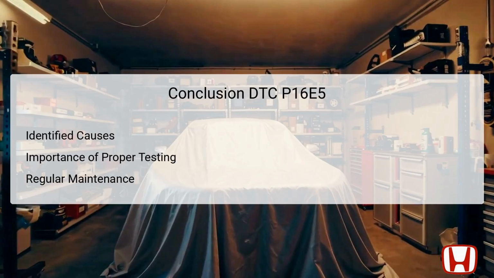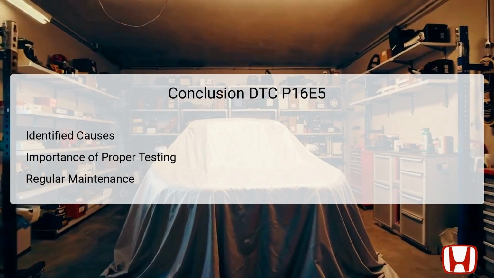In summary, the DTC P16E5 signals a LIN communication error, primarily involving the PCM and DC-DC converter. Key causes include circuit issues, faulty components, or PCM malfunctioning. The diagnostic process involves several critical steps: checking circuits, verifying the health of components, and conducting thorough inspections to isolate problems.